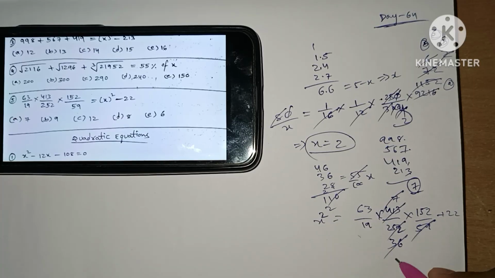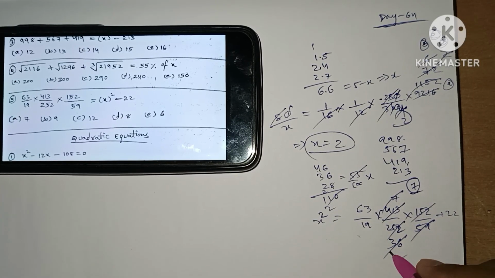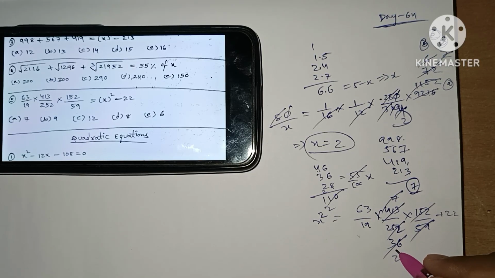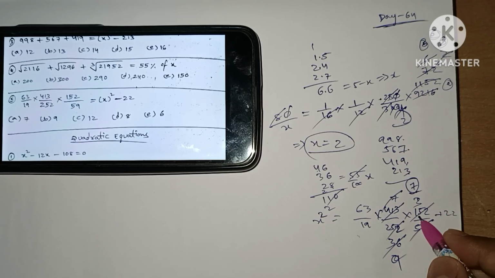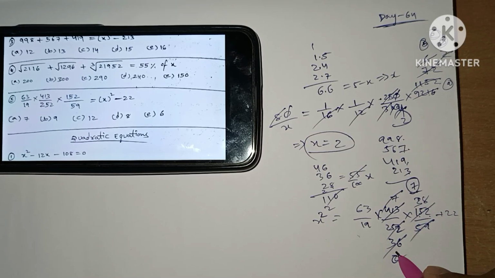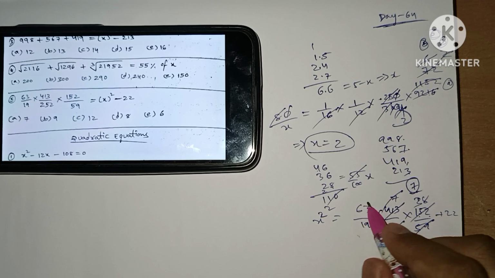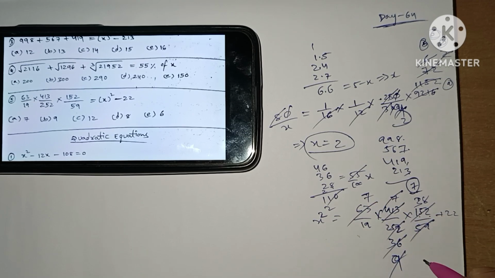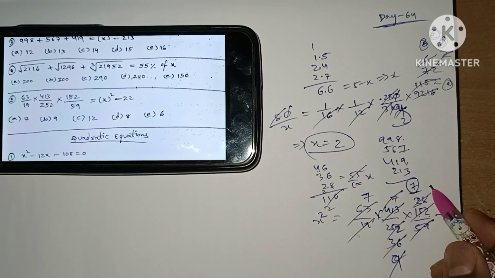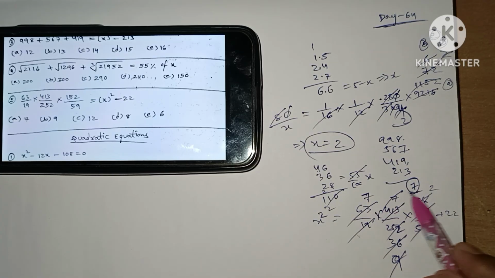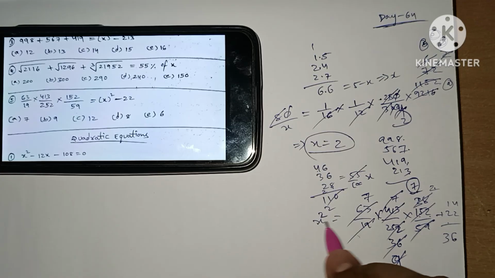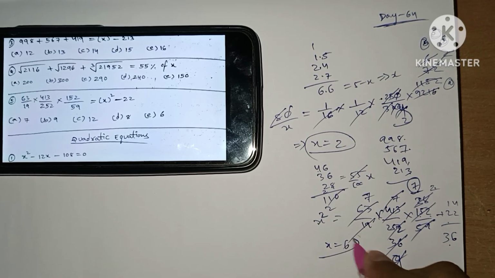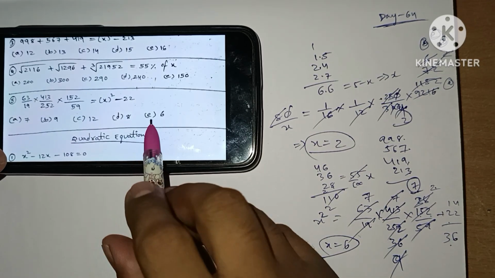So we have 18, 2 times. This will be 4 9 times and 4 times, or 3 times 12 32 means 8 times. So 9 7 times 63, 19 2 times. So what we are left with is 7 into 2 times 14 plus 22, which will be 36. X square equals 36 means x value is 6. So option E is our answer.